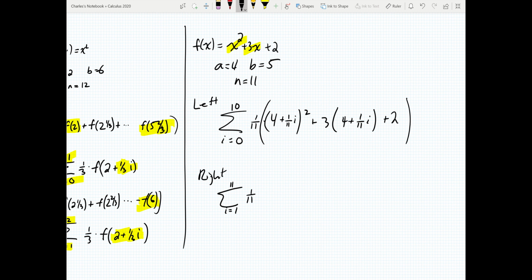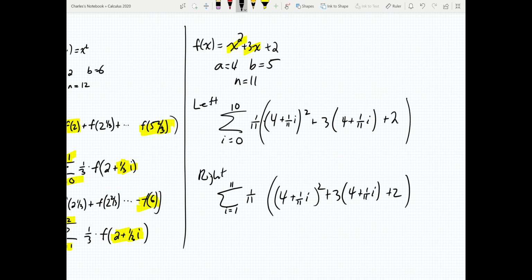And my right is going to be the same exact thing: 4 plus 1 over 11 i, squared, plus 3 times 4 plus 1 over 11 i, plus 2. And this would be our formula.